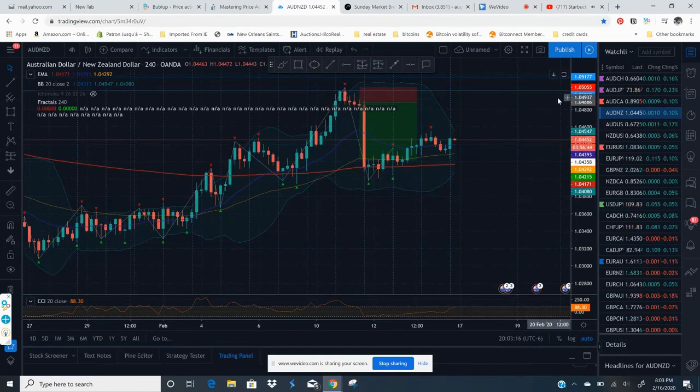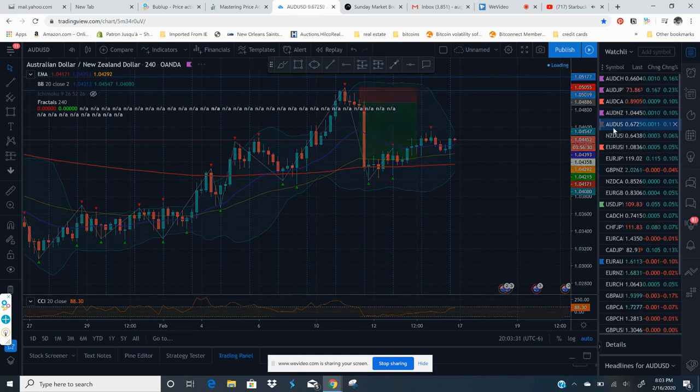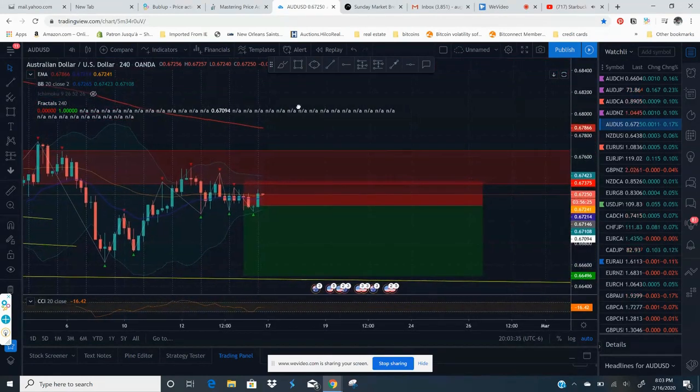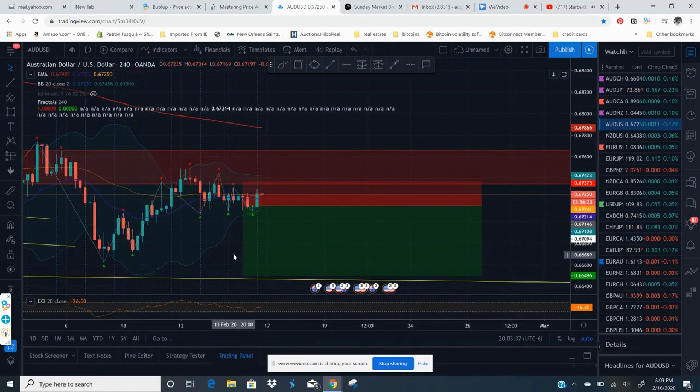But it's still in the buyer's market. So it could be touching, could go sideways. Just let that play out. Still in for a sell for this.